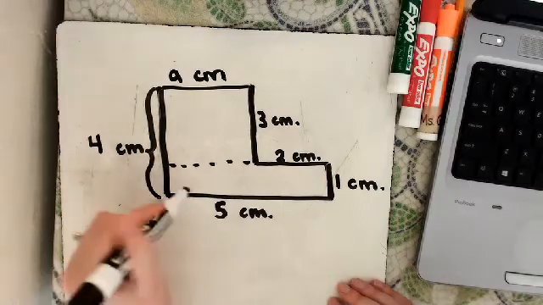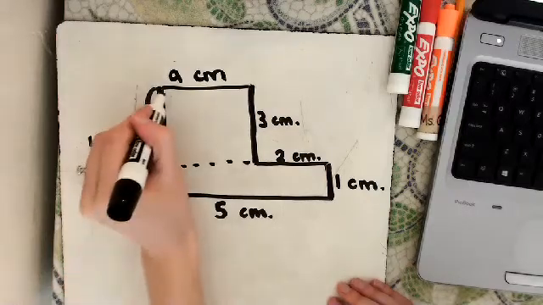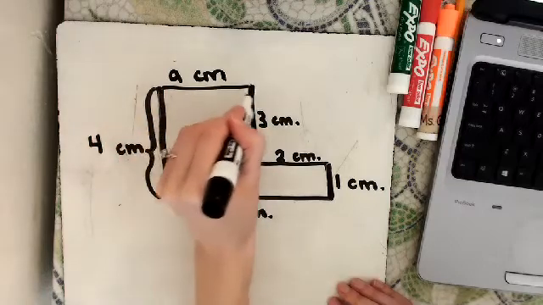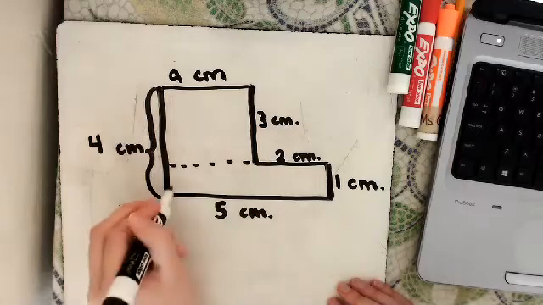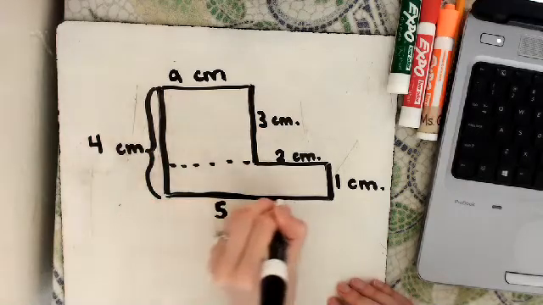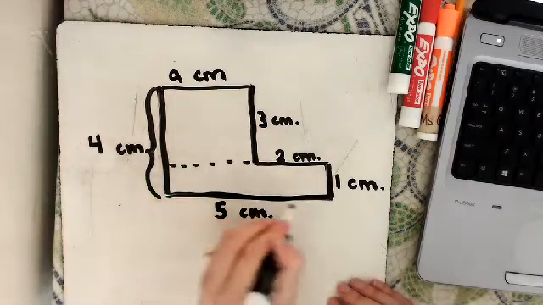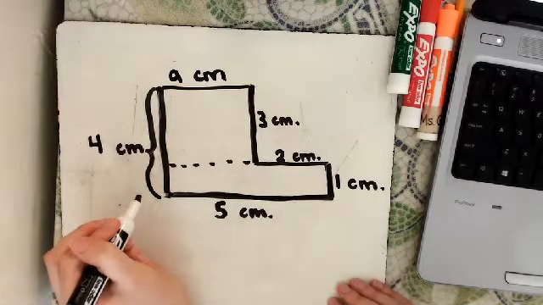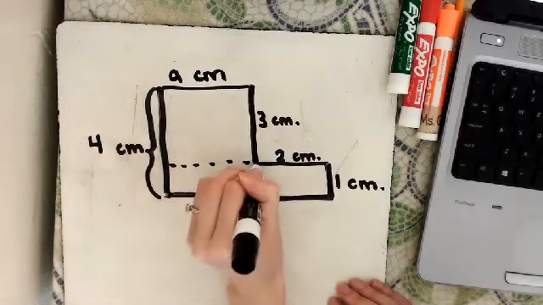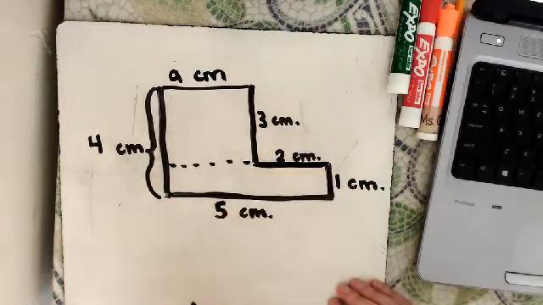Now, I want to figure out A right here. I can tell here that this entire side is 5, right? This whole bottom side is 5. Do you see any other sides going the same way? This one, 2, right?